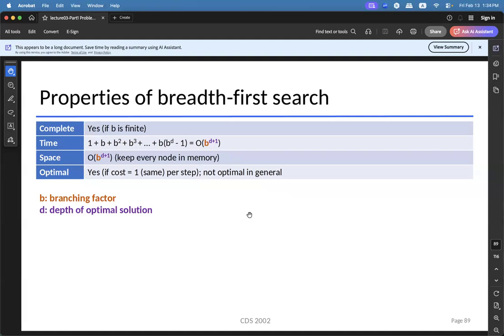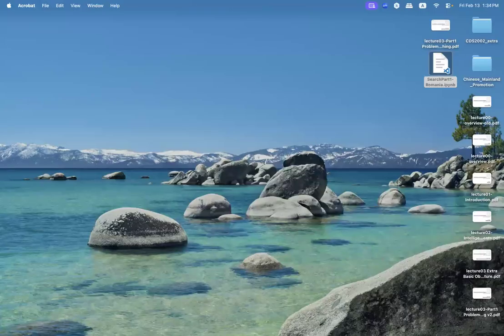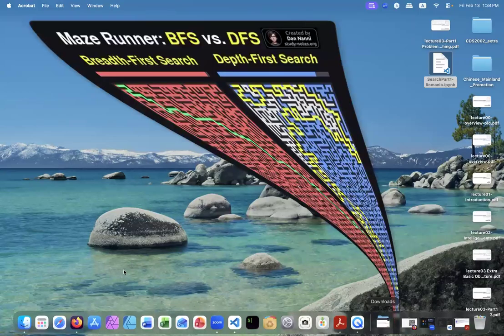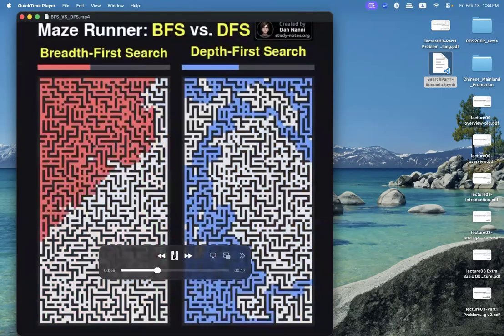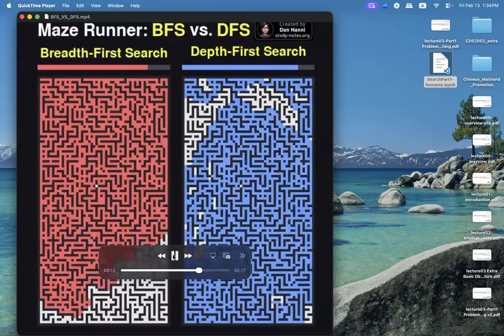Let's consider the breadth-first search video we talked about. If we visualize it, you can see the breadth-first search is covering the whole search space as a wave. So no matter where your goal state is, breadth-first search is always able to find a solution, and that's the reason why.